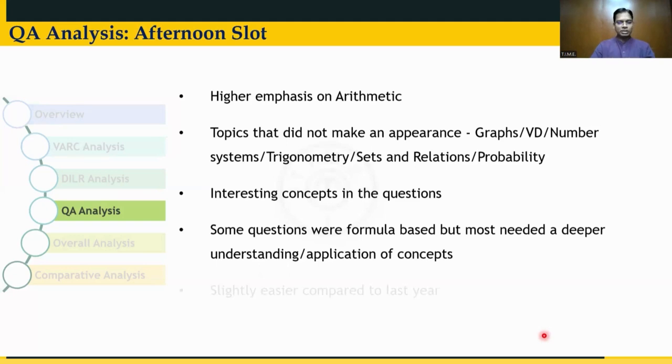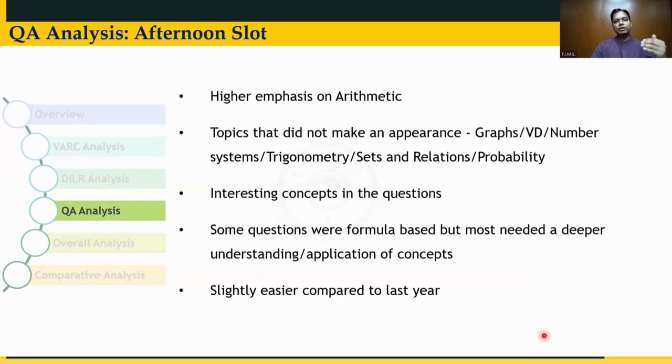And of course, there were a fair share of tougher questions also. So overall, there were a little more doable questions than last year. Last year, quant was a very tough section. The students really came out of the exam hall with sad faces and felt so miserable about their performance.